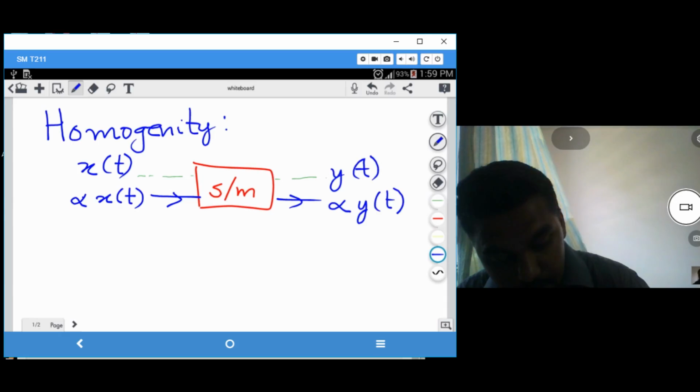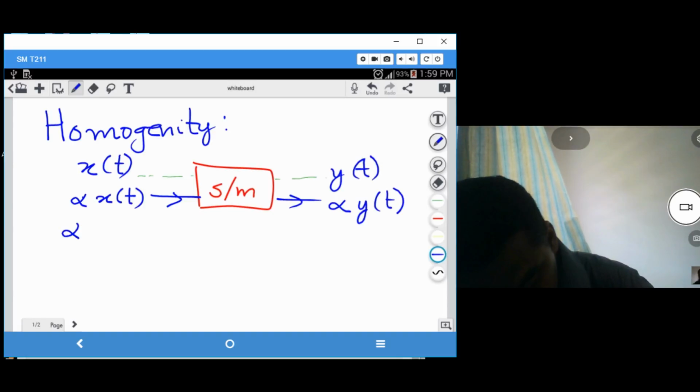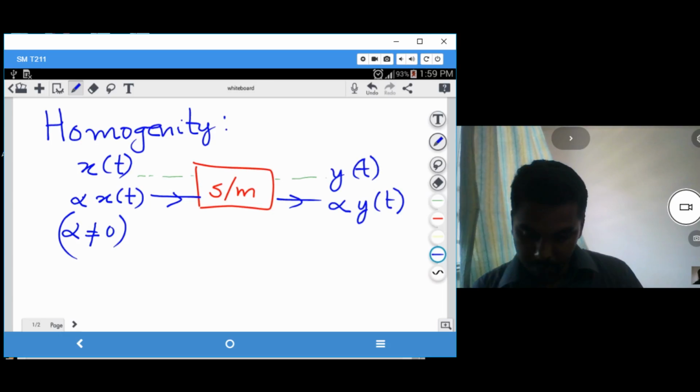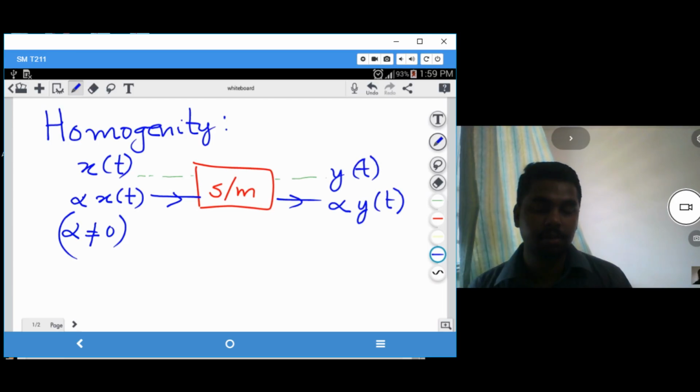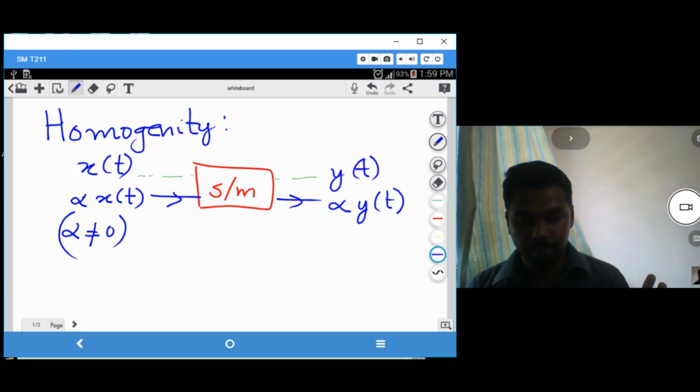For the time being, let us define alpha to be non-zero. One can also verify this for the amplifier system. So the amplifier system is linear.